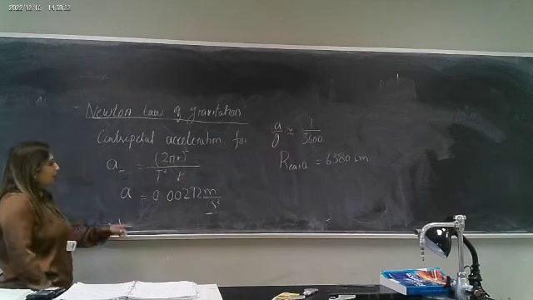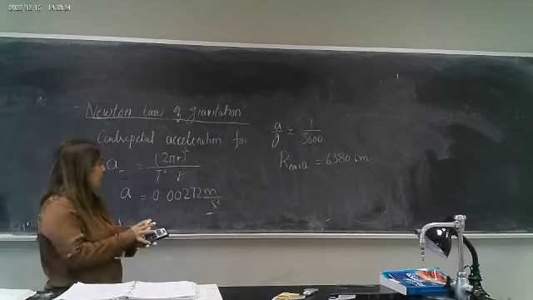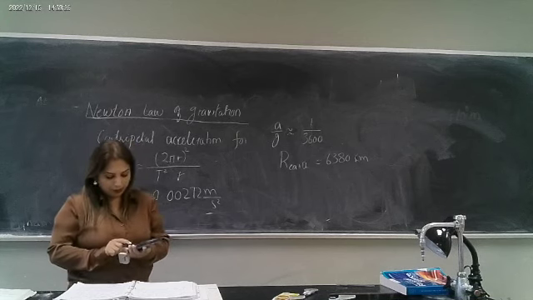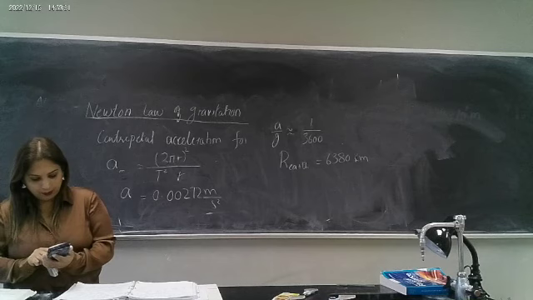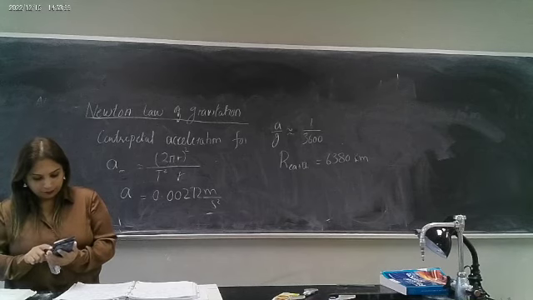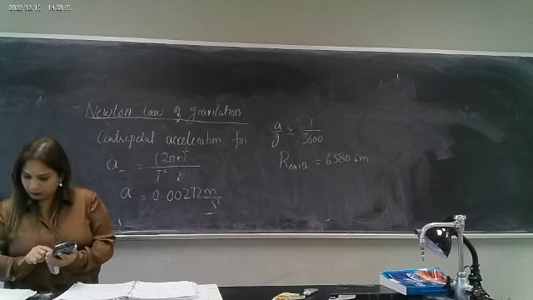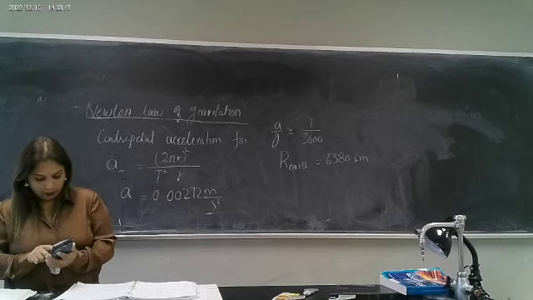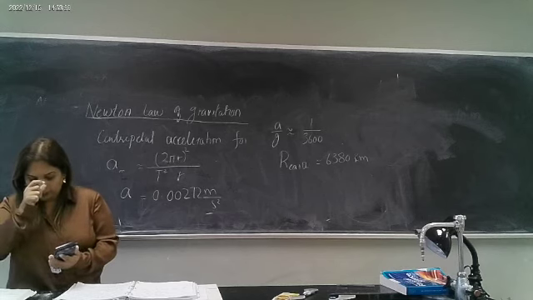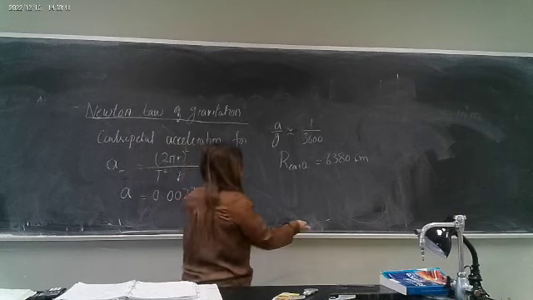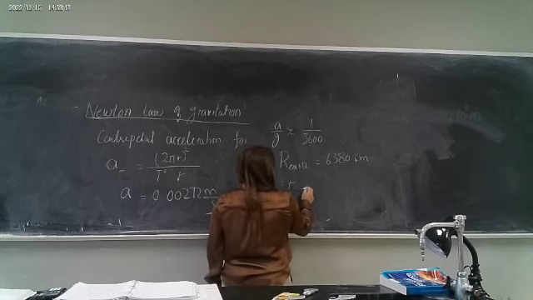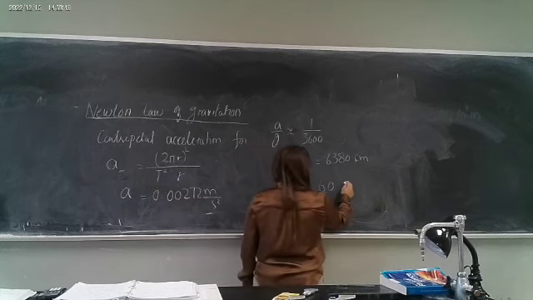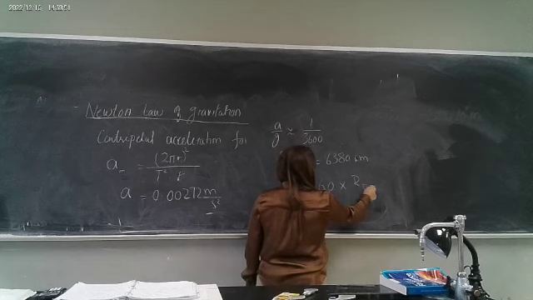And if I divide the distance of the moon from the Earth by this number, I get about 60. So the moon's distance is about 60 times the radius of Earth.